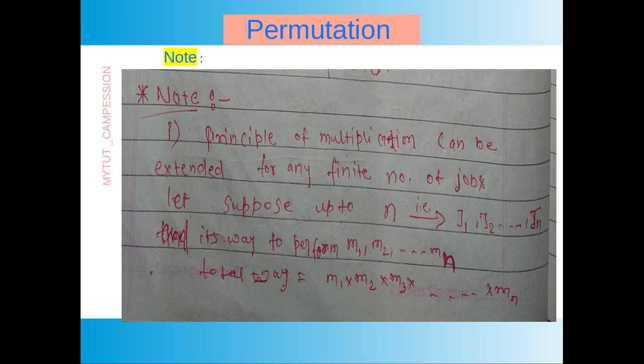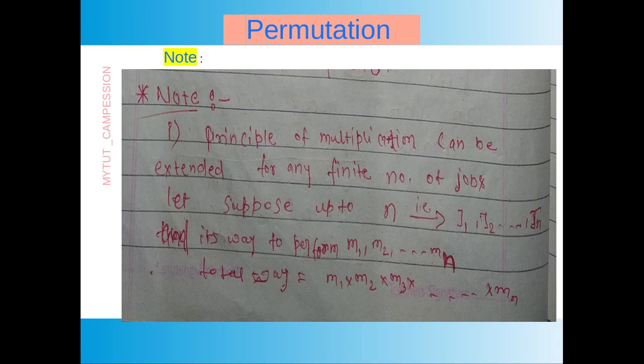Note: the principle of multiplication can be extended for any finite number of jobs. Let us suppose there are n jobs, j1, j2, j3, up to jn. Job j1 can be completed in m1 ways, j2 in m2 ways, and jn in mn ways.